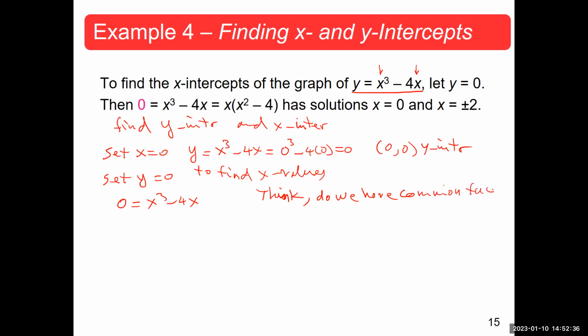You factor it out. Can we FOIL out or factor out? Here I can factor out the x because it's common between those two terms. So if I factor out the x, I'm going to get x squared minus 4.